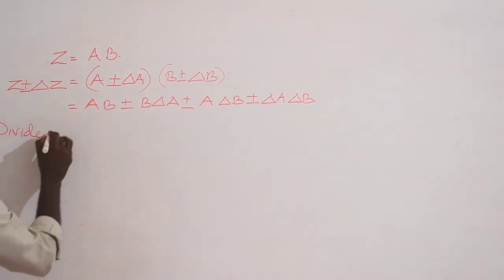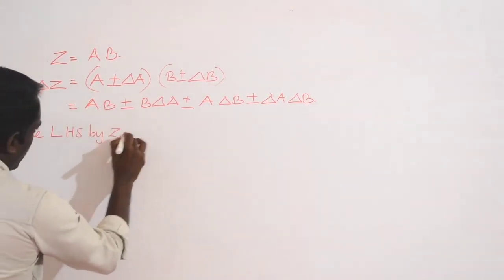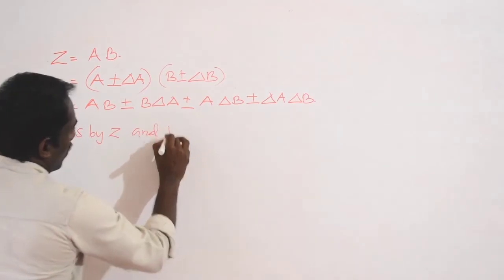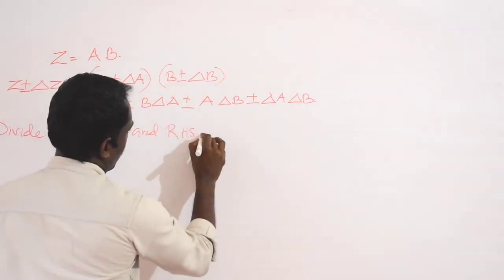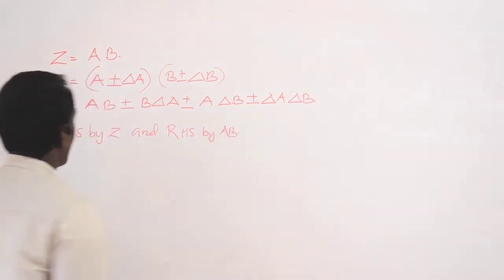Divide LHS by Z and RHS by AB. So what will happen?